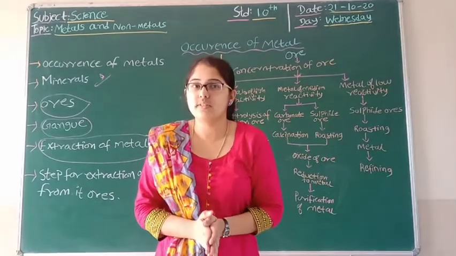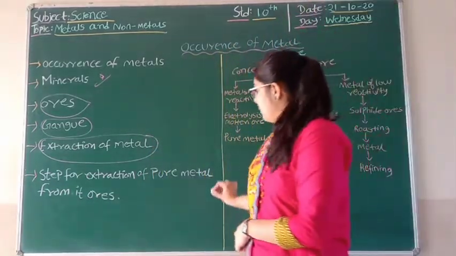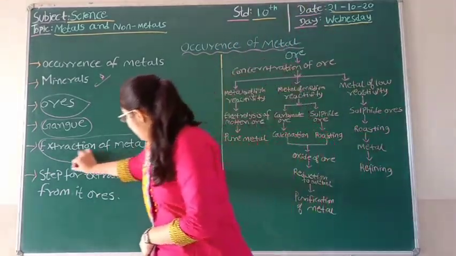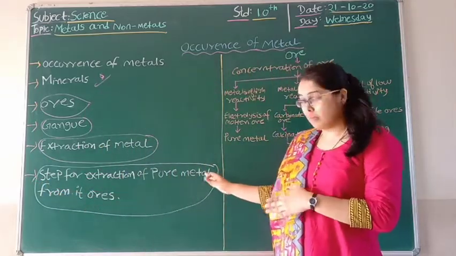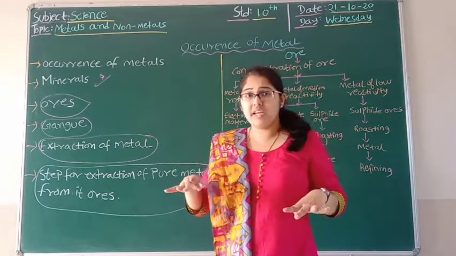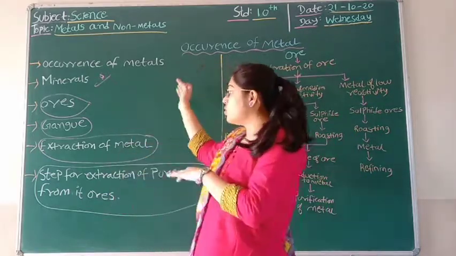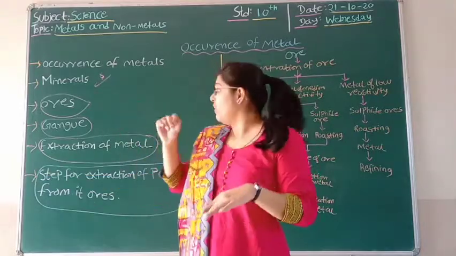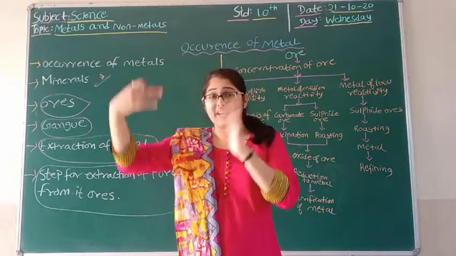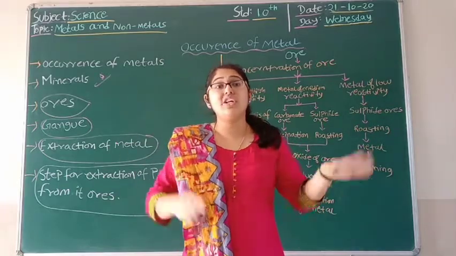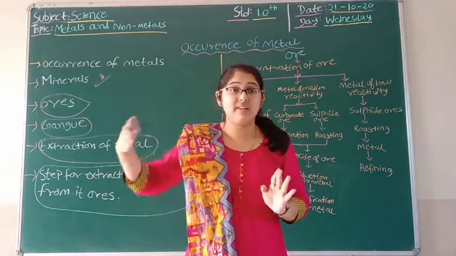So students, now we are going to see the steps for extraction of pure metal from ores. We have seen how metals occur, what are ores, what are minerals, and we have seen the reactivity series of metals, and we need to extract metal according to their reactivity.